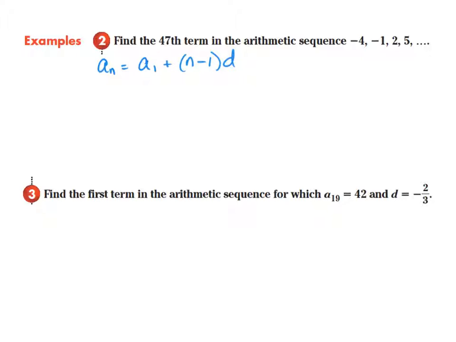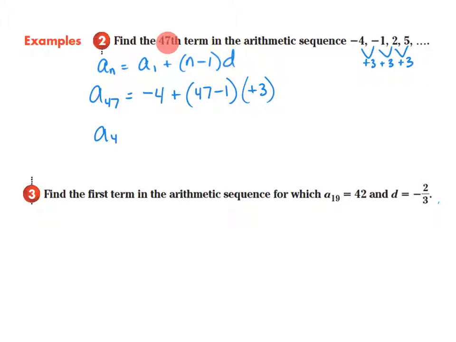So what is that? 47. So we have A sub 47 is what we're looking for, the 47th term. What is our A1? -4, the first term. Plus, we already said our n is 47. And what is our d? -3. Right. Okay. So I can say plus 3.